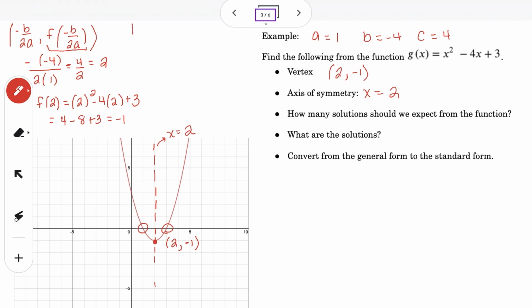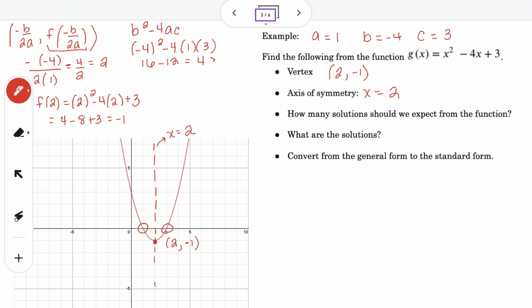So again, the discriminant is b squared minus 4ac. So our b value is negative 4 squared minus 4 times 1 times 3, which is our c value. All right, negative 4 squared, we have 16 minus 12 is 4.